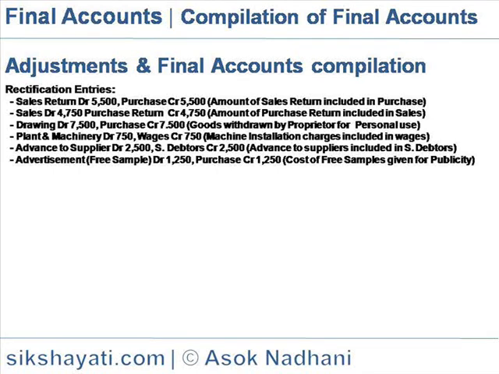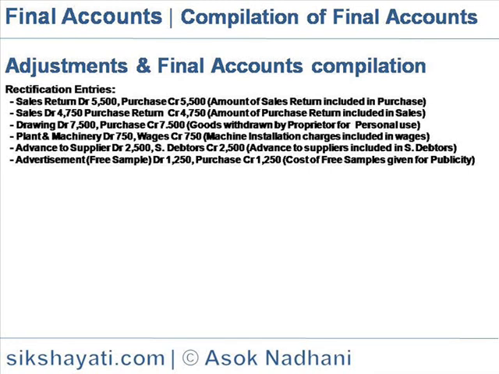Drawings debit 7,500 to purchases credit 7,500, goods withdrawn by proprietor for personal use.